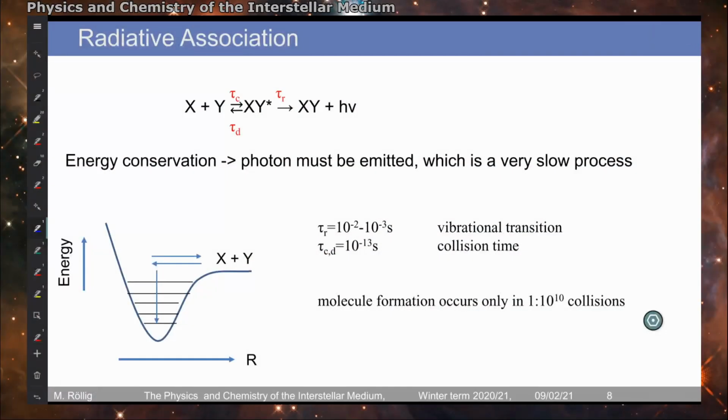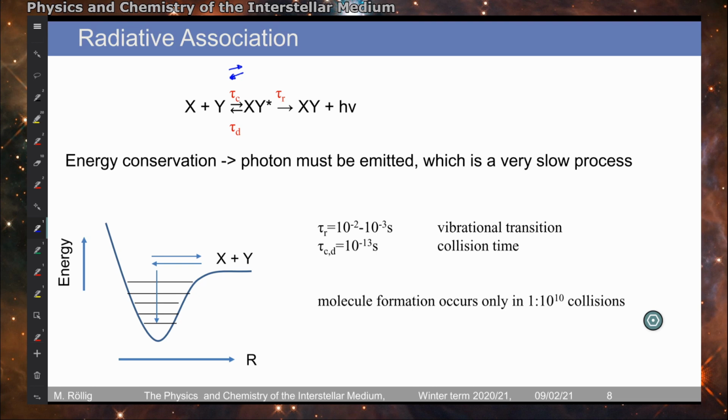So let's start by looking at the radiative association. I drew the reactions on the previous slide with one arrow, but of course this reaction is always in equilibrium. So we have a back and forth reaction that balance each other.